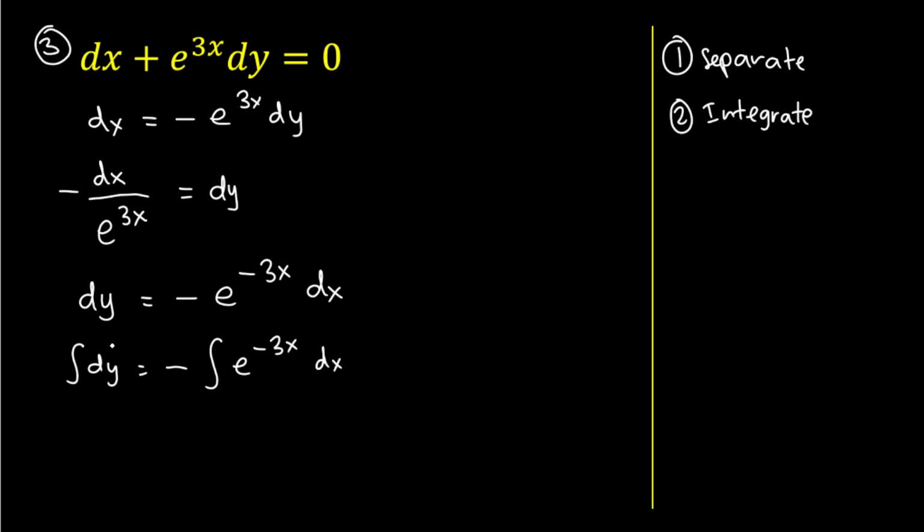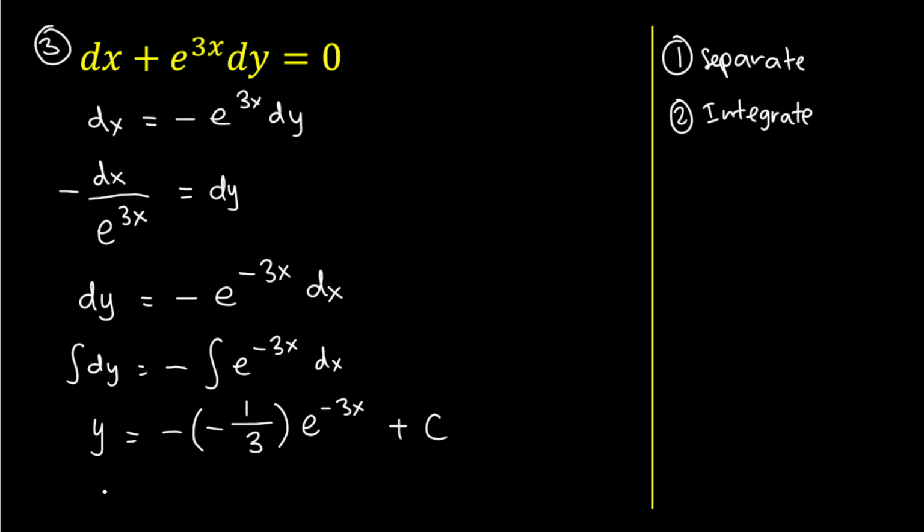Good. Integral dy is just y. And then we will have minus, and then we will have this one here using chain rule. Remember, we have to use chain rule. So I'll have minus 1 over 3, and then this will still be e to the minus 3x, then plus some constant.